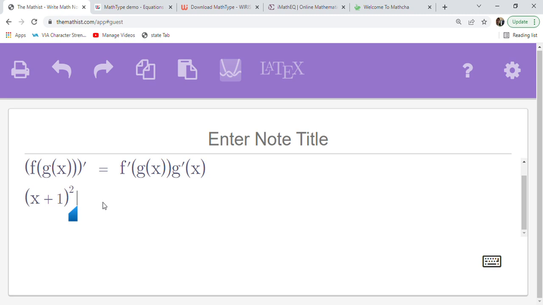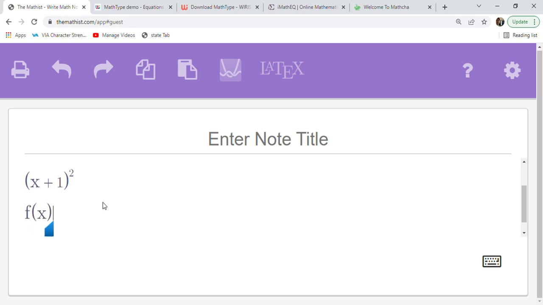Now, if I use the chain rule, what I would do is say, okay, well, let's just say that f of x equals x squared, and g of x equals x plus 1. So this is f of g of x right here, because x plus 1 quantity squared.